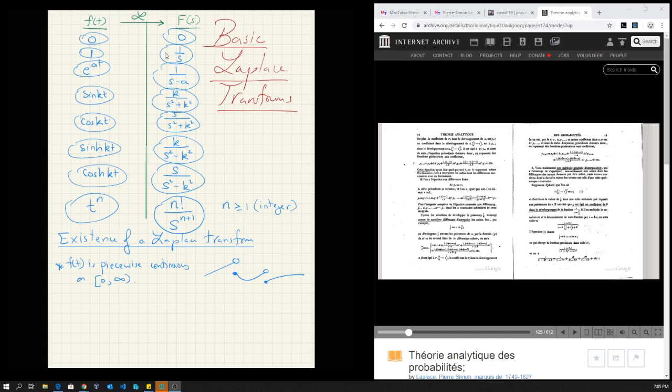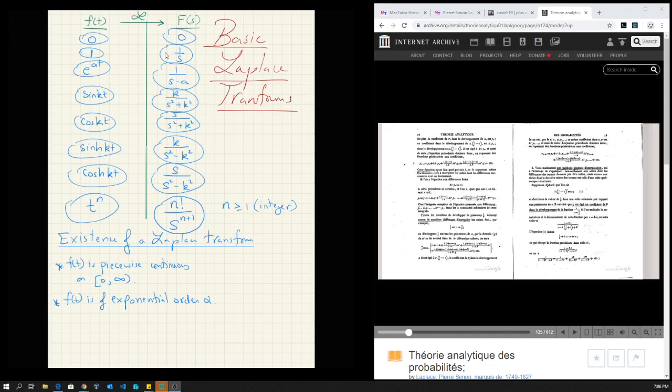Okay. The second condition is that f of t is of exponential order alpha. Okay, now this one needs a little bit more clarifying. If I wanted to give you just a quick, simplified description of what that means: a function is of exponential order if in the long term it is always going to be smaller than some kind of exponential.